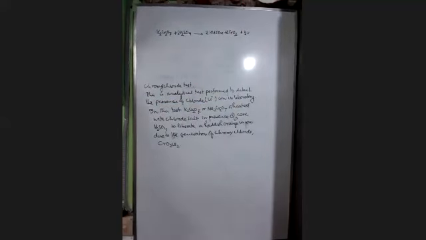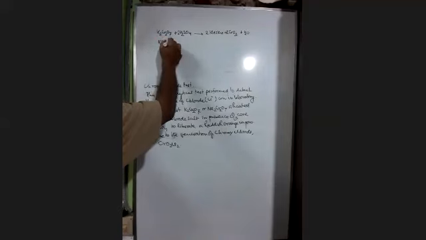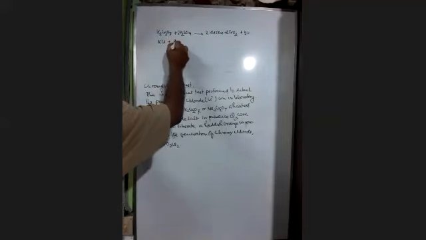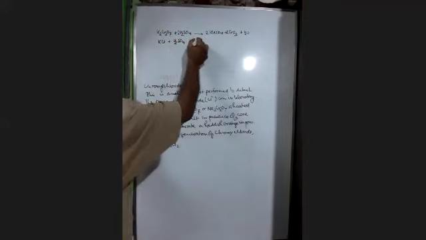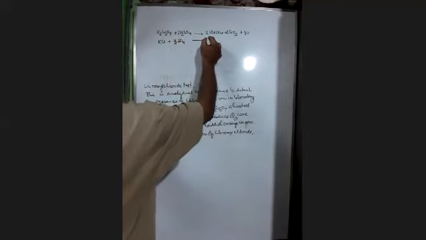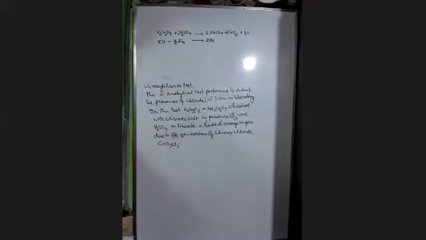All right. Now I have taken a chloride salt. So let me write here chloride salt. You know very well that any chloride salt, if you heat it with sulfuric acid, gives in case of sodium, sodium hydrogen sulfate, and in case of potassium, potassium hydrogen sulfate.